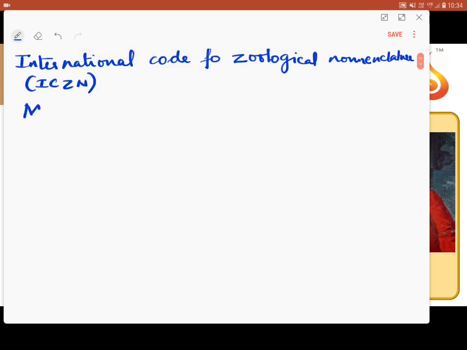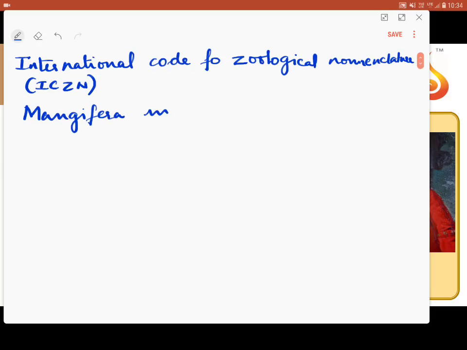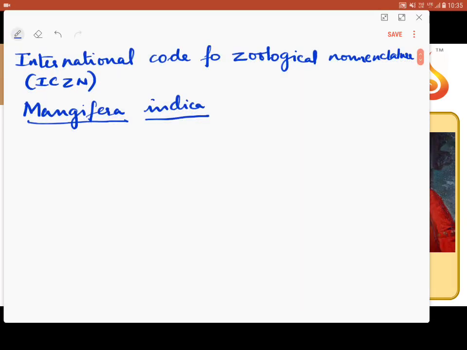The best and always a specific example we first understand is Mangifera indica, common name mango. When we are writing any binomial nomenclature, as I told, there are going to be two names.